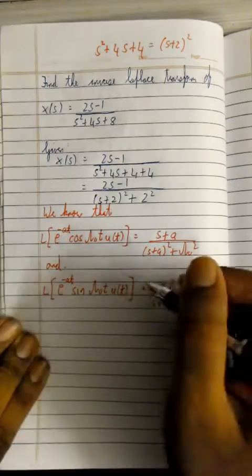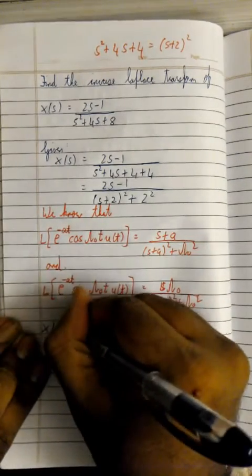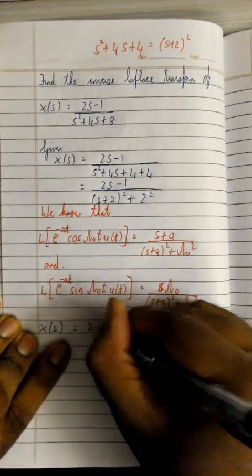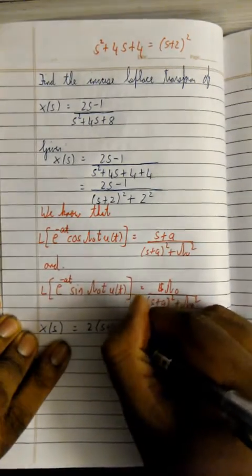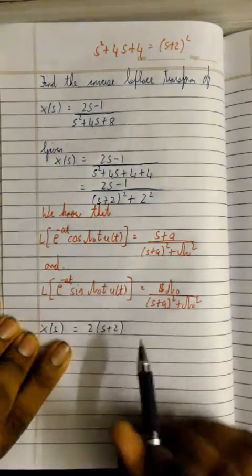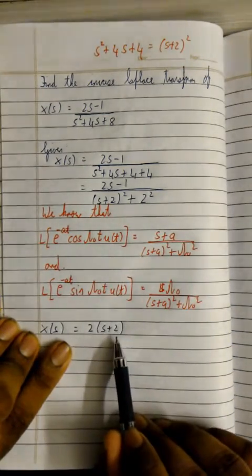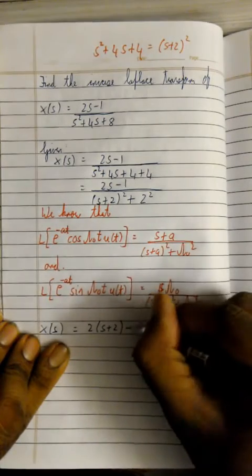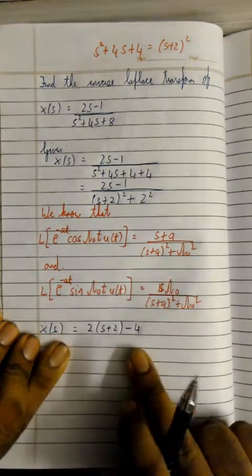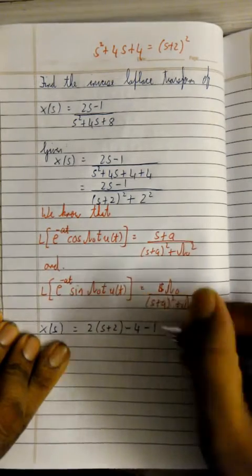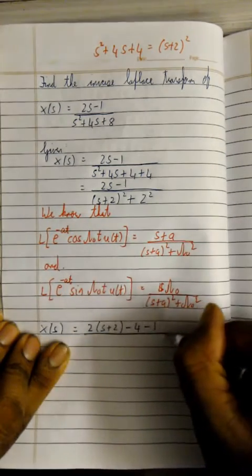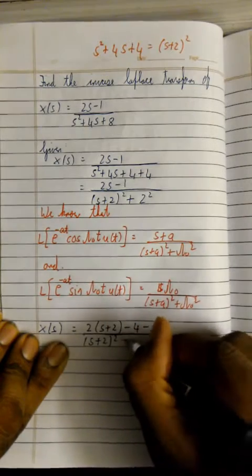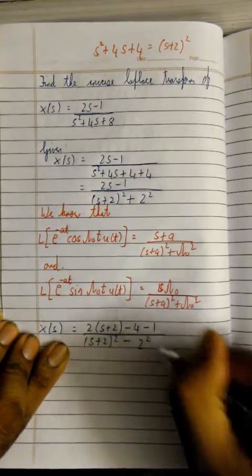I can write X(s) by writing this numerator as 2 into (s plus 2). So what is being added? 4 is being added, 2s plus 4, so I'm going to subtract 4 to equate it, minus 1 by (s plus 2) the whole square minus 2 the whole square.